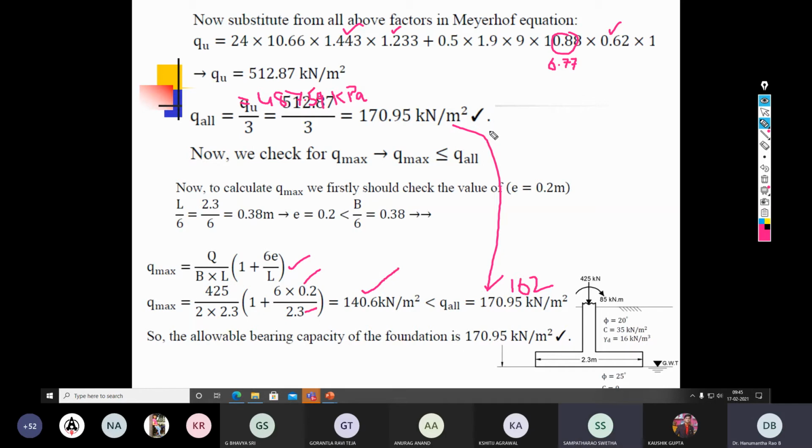Now, okay. Since you are asking, let us try to brainstorm. Suppose the eccentricity is there in the 2 meter direction, what will happen to the bearing capacity? Will it increase or will it decrease? It will decrease. So in that case, usually when we do any kind of calculation, we always take the worst condition.